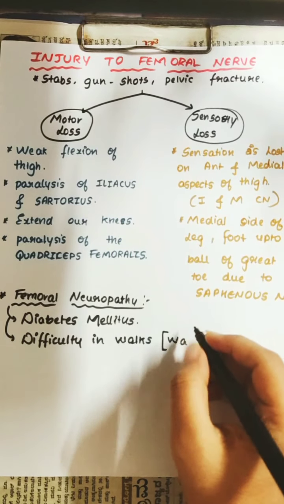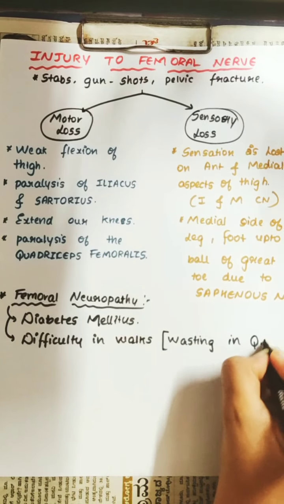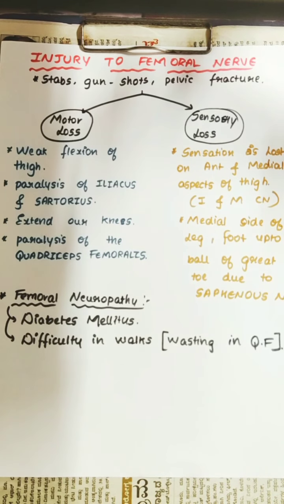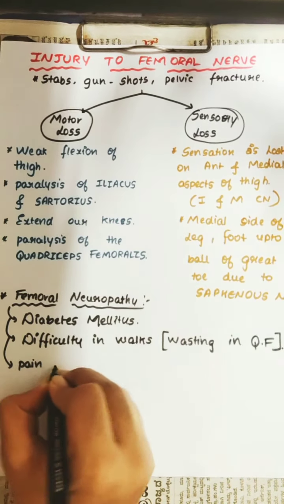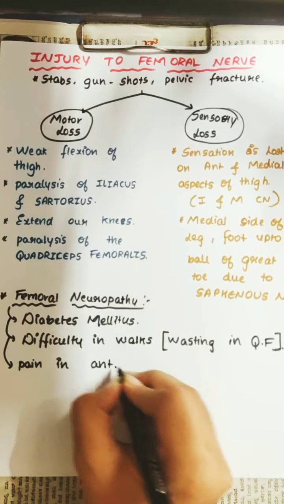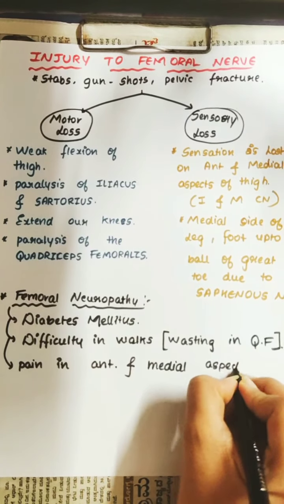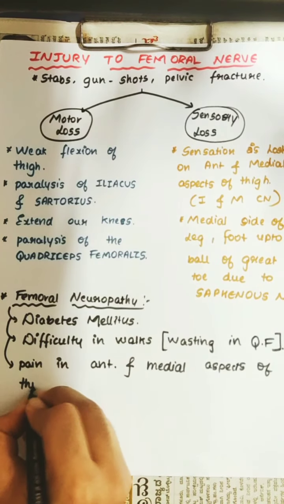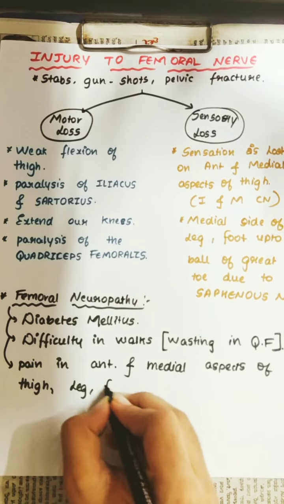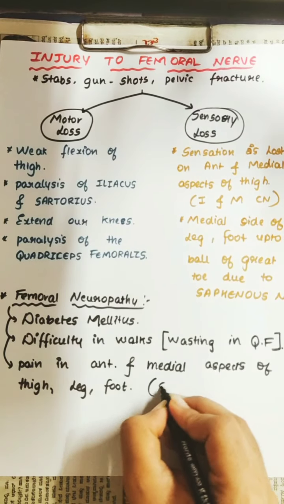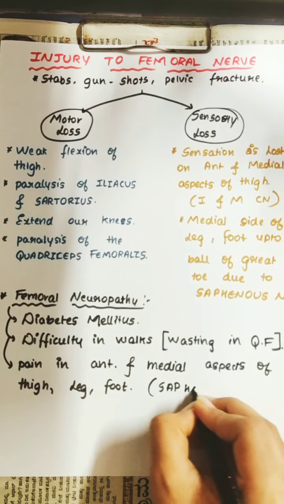There might be pain in the anterior and medial aspects of the thigh, leg and foot due to injury to the saphenous nerve.